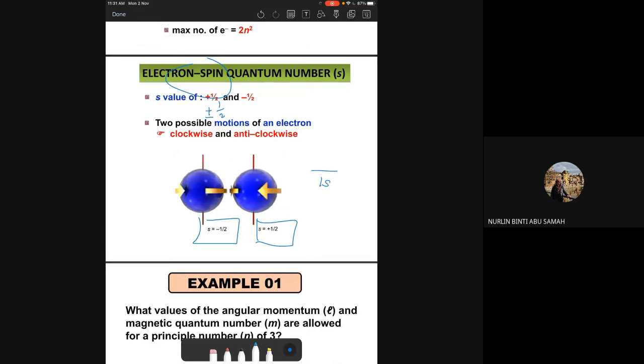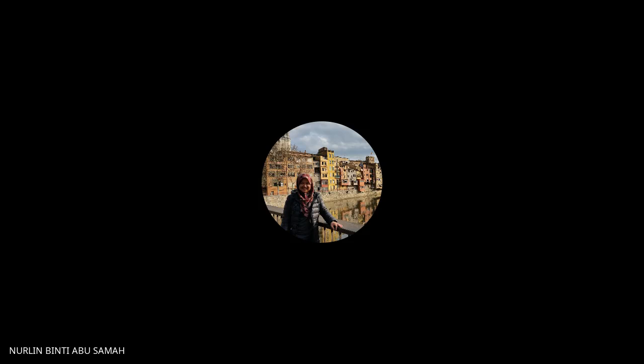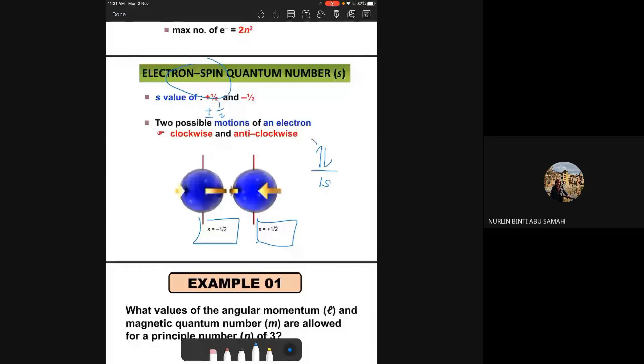So the way we write the electron orientation is like this. Dekat sini ada satu elektron, yang ni satu elektron. Half menunjukkan dia adalah half untuk jadi satu orbital. Dalam satu orbital dia akan ada dua elektron terisi. Okay, so that is the concept for a spin number.